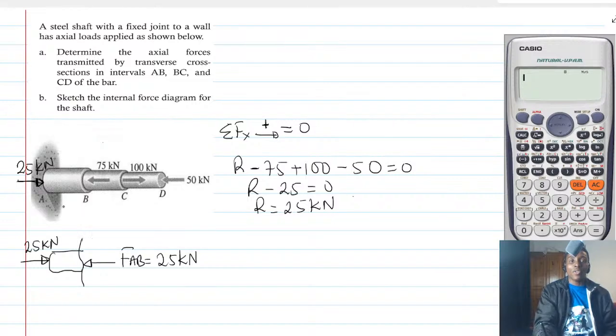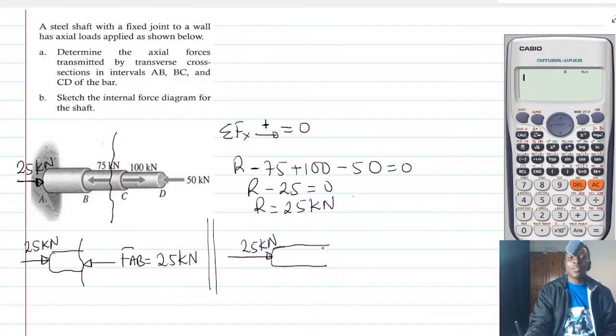Now, if I want to get FBC, I'll come and stand between B and C and I'll cut. Should I draw it again? Yes. Okay. So for FBC, the force comes here, 25 kilonewton, and then as usual, you have this, right?